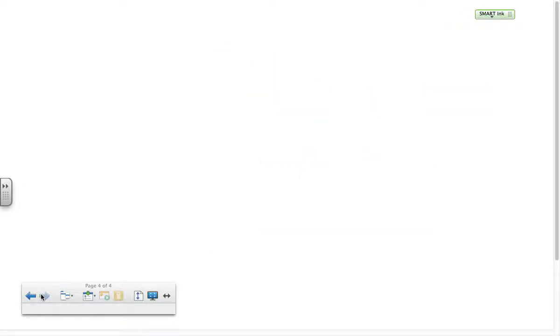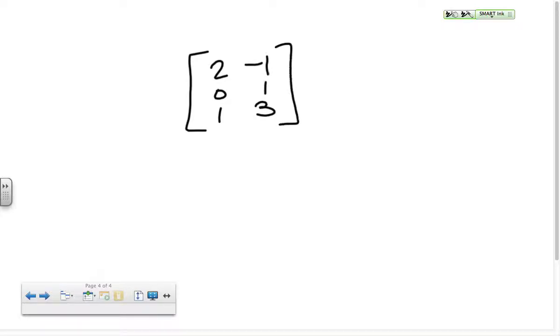We're going to start with two matrices, starting with black: 2, 0, 1, negative 1, 1, 3, and 3, 2, 1, 1. I'm going to multiply these together.